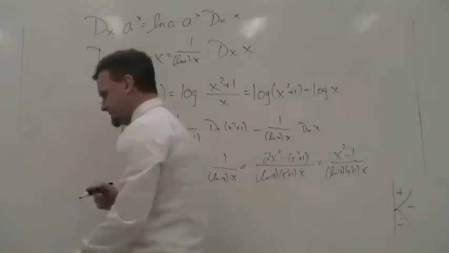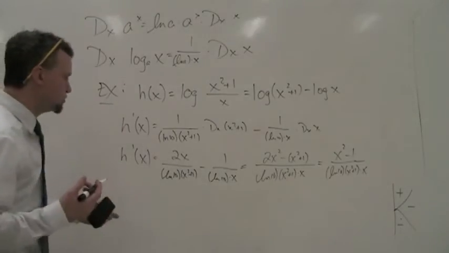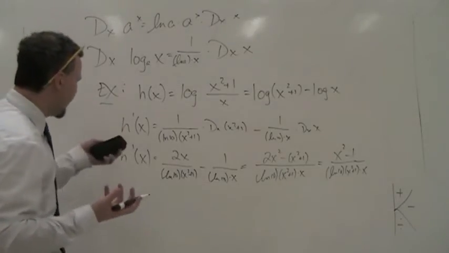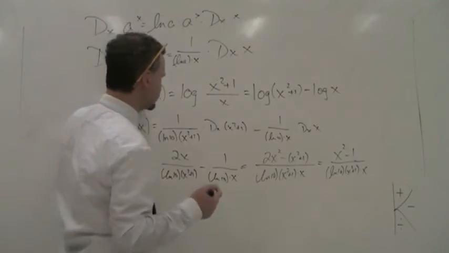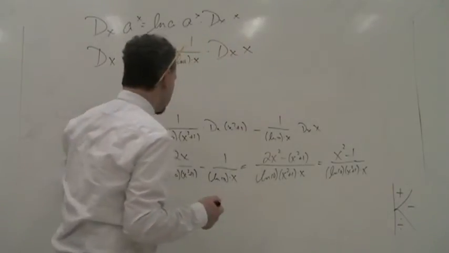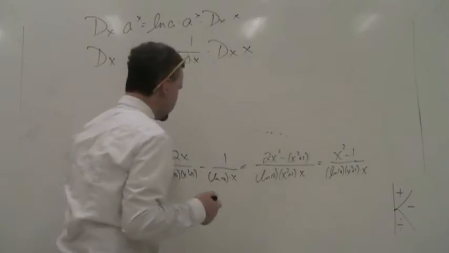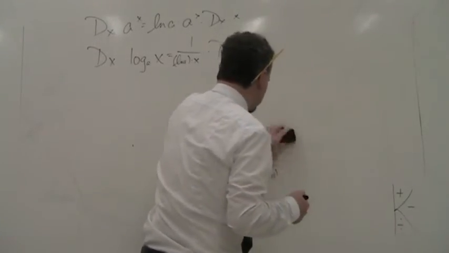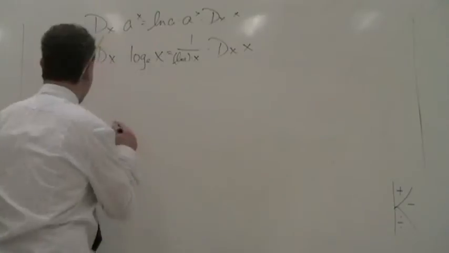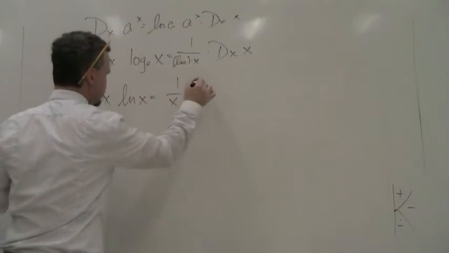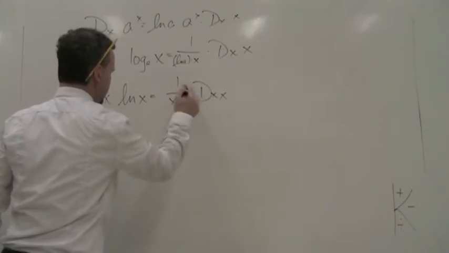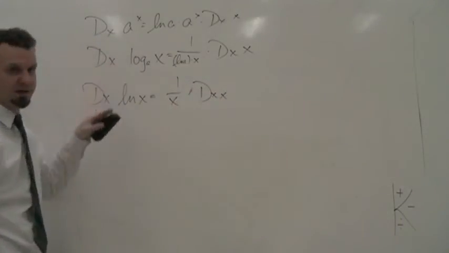So that one's done. And again, let's go back to what we talked about earlier. So back in 5.1, we said the derivative of ln x. Let's get rid of this for a second. All right, so just a simple derivative. So back in 5.1, we said the derivative of the natural log of x is 1 over x times the derivative of the argument of the log, which is very similar to this, right?